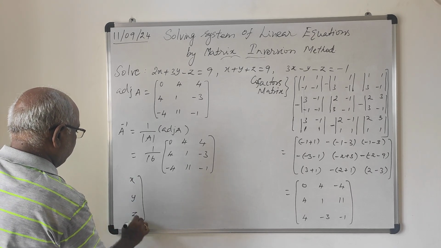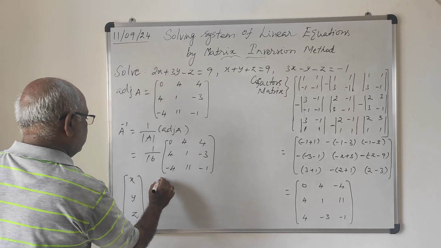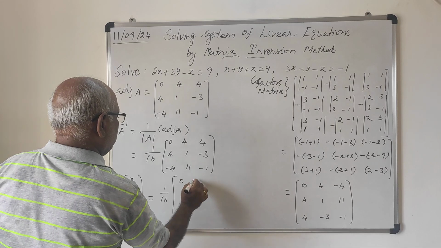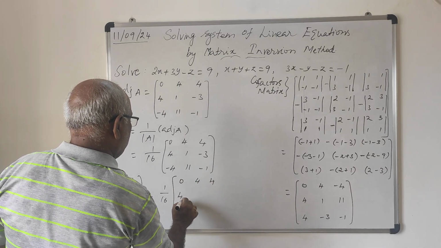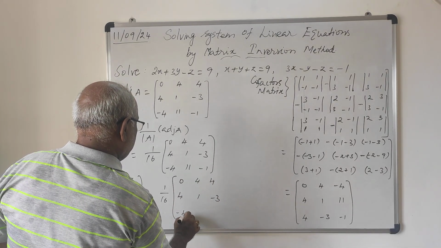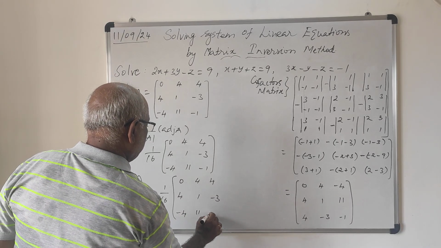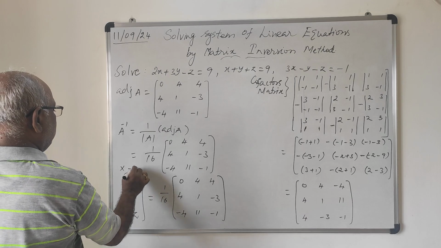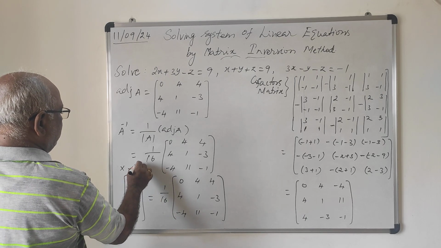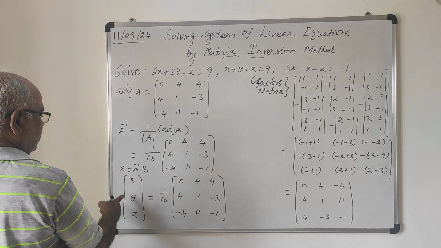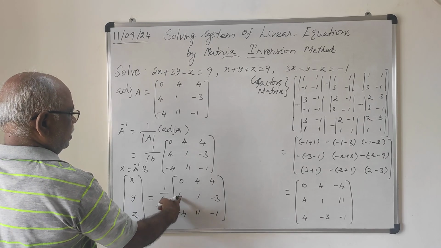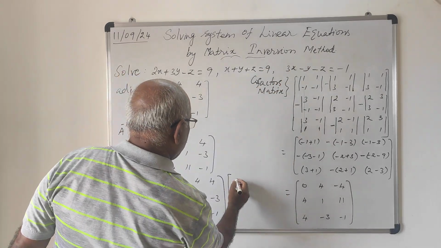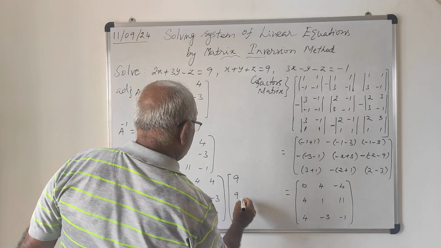This is your x, into A inverse is 1 by 16 into 0, 4, 4, 4, 1, minus 3, minus 4, 11, minus 1. Because we have to convert this: x equal to A inverse into B. X equal to A inverse into B. What is B? Column matrix 9, 9, minus 1.